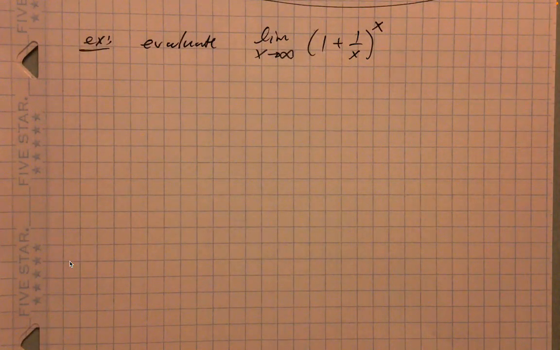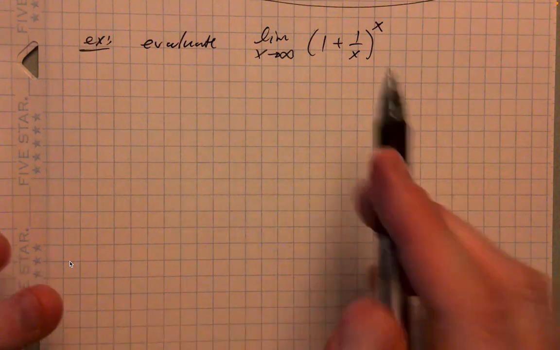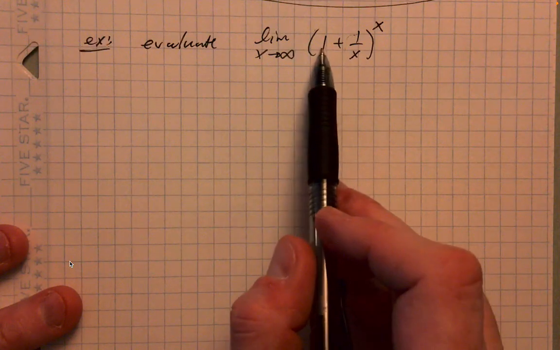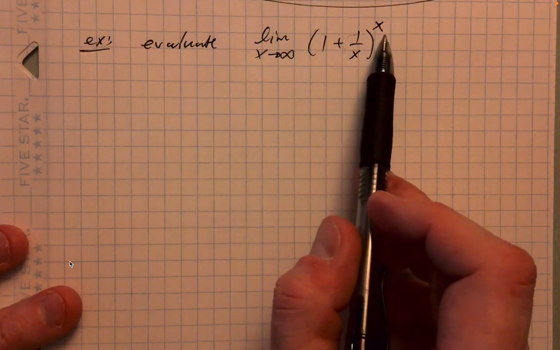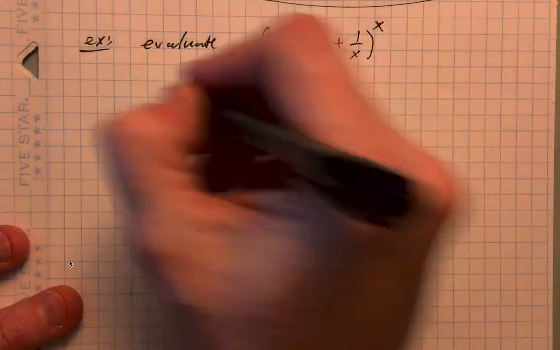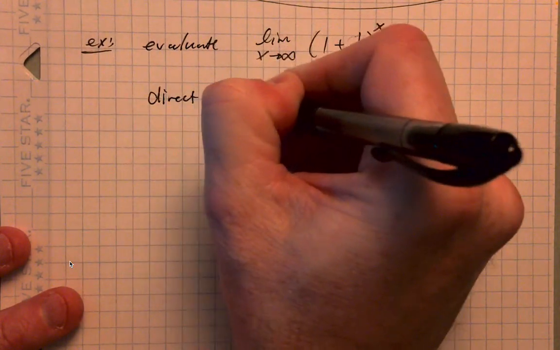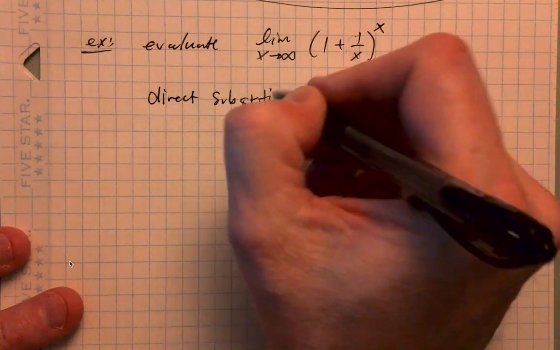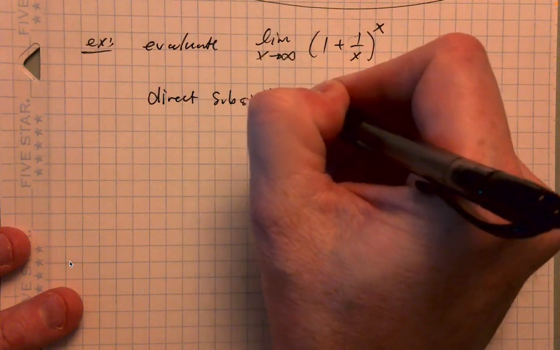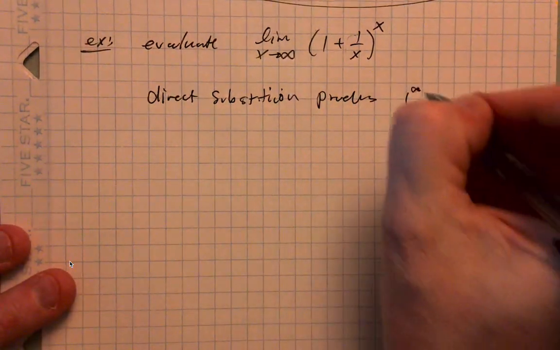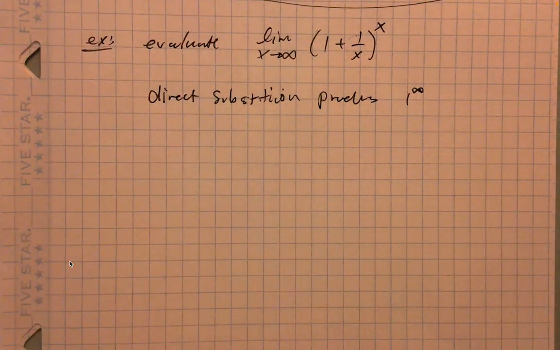What happens with direct substitution? This term here is going to go to 0 as x grows, and you're going to end up with 1 raised to the x power, so direct substitution produces 1 to an infinite exponent, which is not exactly helpful.